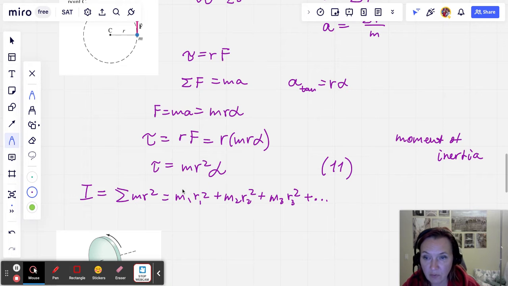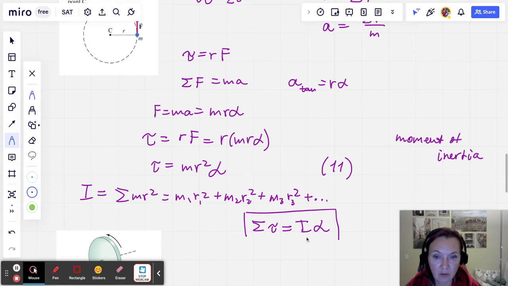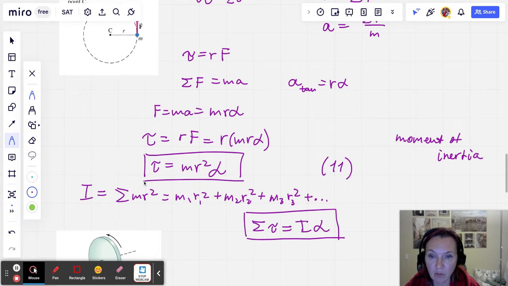All right, so if you plug that back into our equation 11, then what we get here is the sum of the torque, so net torque, is going to be equal I, right? I is the sum of those, times alpha. So that is another equation that I am going to say is equation 14.